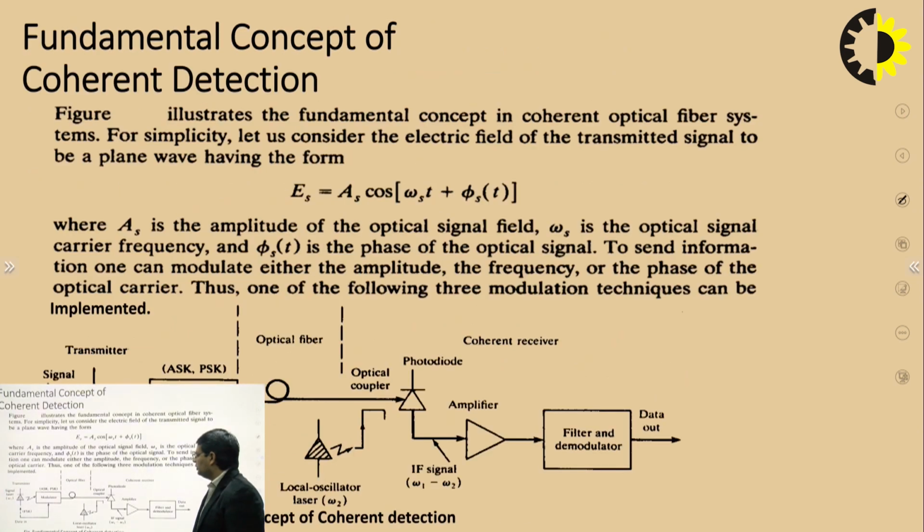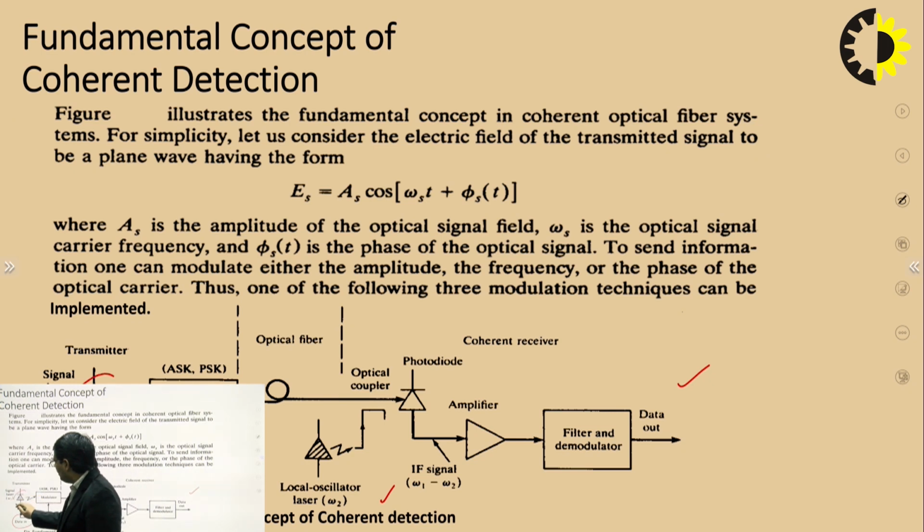Now let's see the complete diagram for the optical system that is applying the concept of coherent detection. We have a message signal, then a carrier signal in the form of light, so a laser is there. Then we can perform the modulation, either ASK, FSK or PSK.